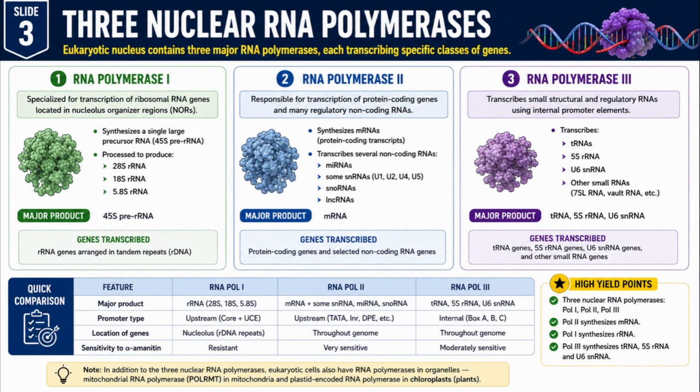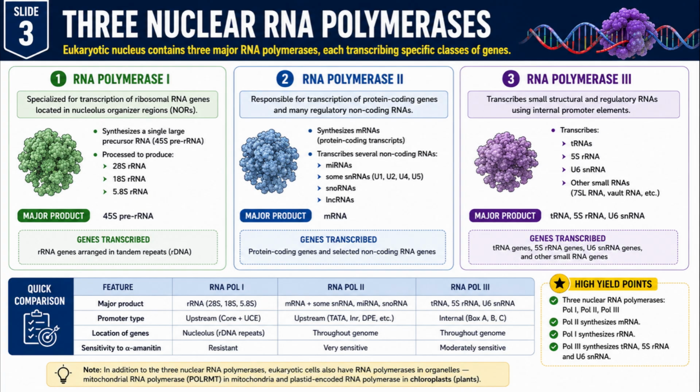Eukaryotic RNA polymerases. Unlike prokaryotes, which possess a single RNA polymerase, eukaryotes contain three major nuclear RNA polymerases. RNA polymerase I synthesizes the large ribosomal RNA precursor that gives rise to 28S, 18S and 5.8S rRNAs.